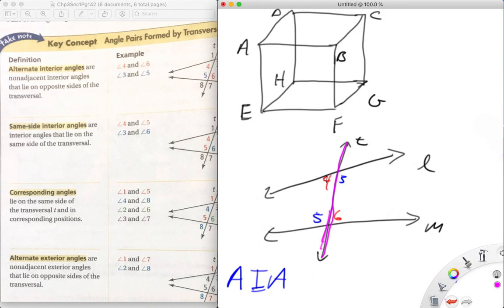This guy is over here to the left. This guy is over here to the right. 3 and 5 are also alternating interior angles. They're in the interior, in between the two lines, and they're on opposite sides of the transversal. And they're non-adjacent, meaning they don't share a common endpoint. This would be the common endpoint of 3 and 4.